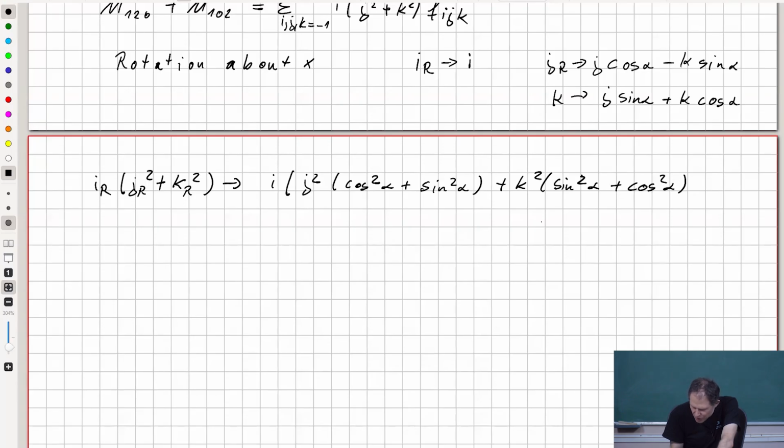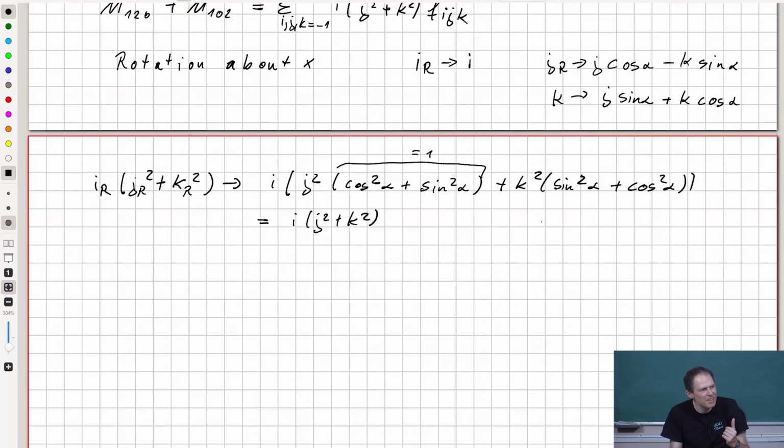Now you will see very easily that these are equal to 1. So what we end up with is j square plus k square, and this is exactly the same thing that we had before the rotation.